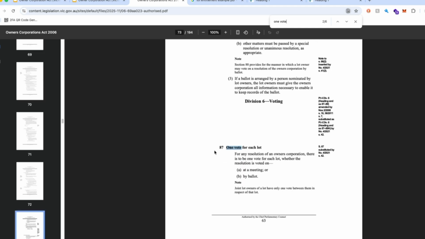As you can see, section 87 says one vote for each lot. There is to be one vote for each lot, whether the resolution is voted on in a meeting or by ballot.